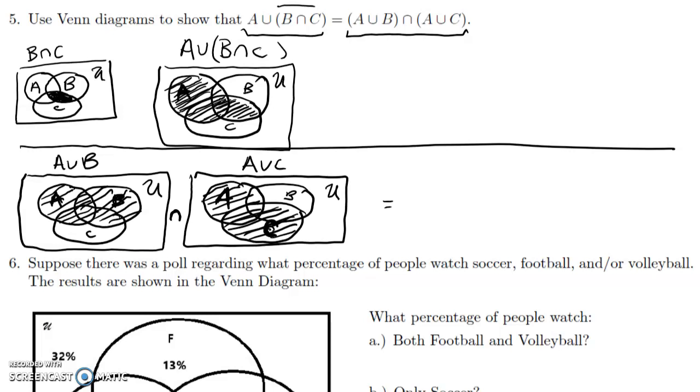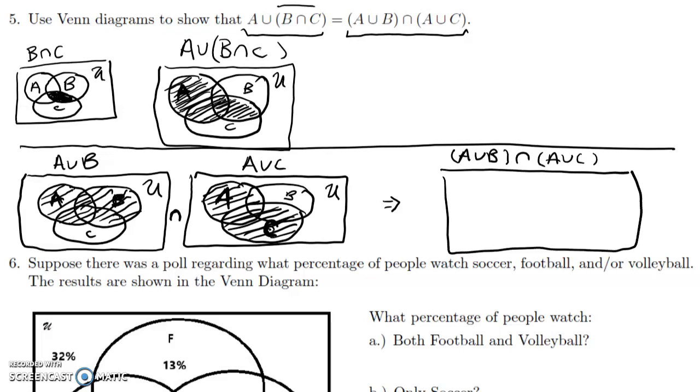Remember the intersection is what's in the overlap, what's common to both of them. So I need to take a look at what is in both the first picture and in the second picture. So we need the common shaded regions of the two pictures in order to create this final intersection.